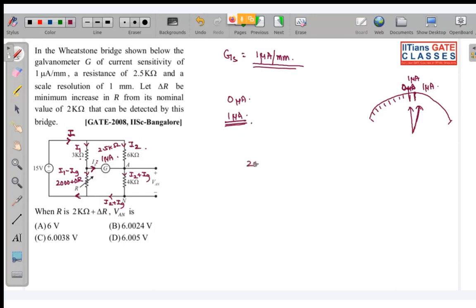So this is 2000 plus del R into I1 minus 1 into 10 to the power minus 6, plus galvanometer resistance is given as 2.5 kilo ohm, plus 2.5 into 10 to the power 3 into 10 to the power minus 6, plus VAN.